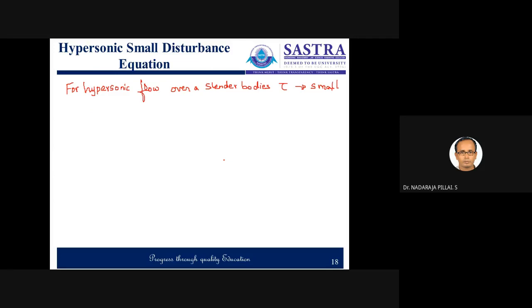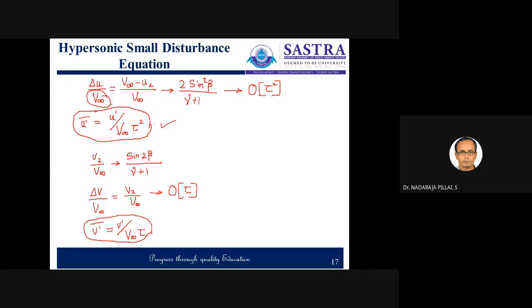So tau is so small, and it is always less than unity.